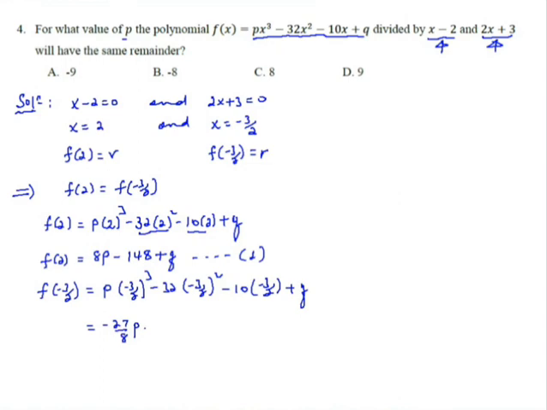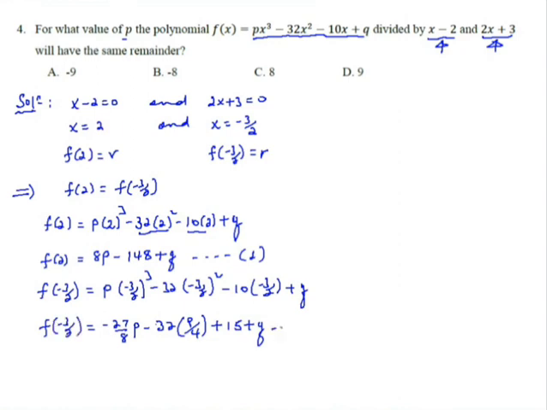Then this becomes minus 4 times minus 32 times 9 over 4, plus 15 plus q. Okay, this is f of minus 3 over 2.